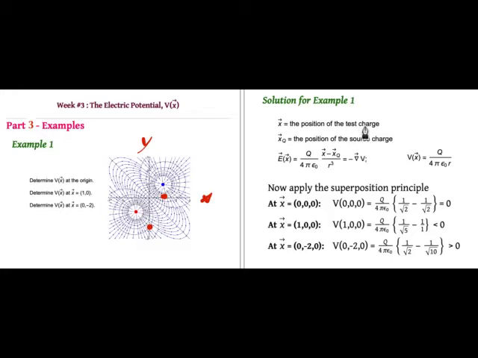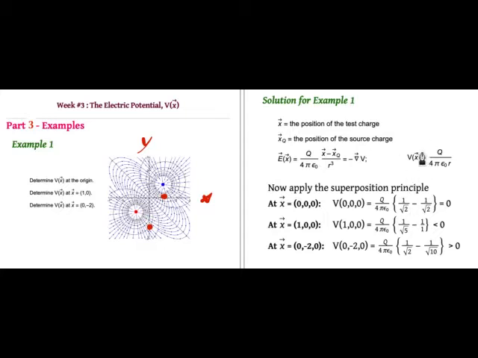And it was shown in part 1 of the screencast. The electric potential at the point x is q over 4 pi epsilon 0 r. Now what's r? r is the distance from the source charge to the test charge.